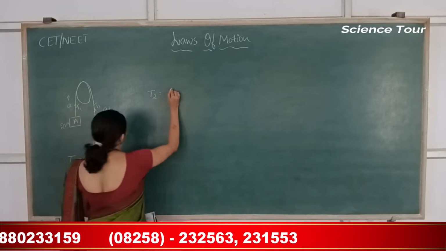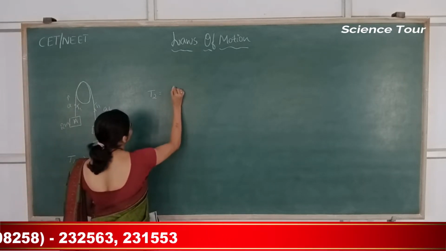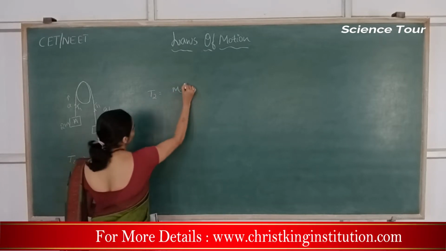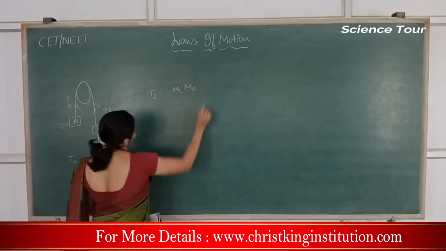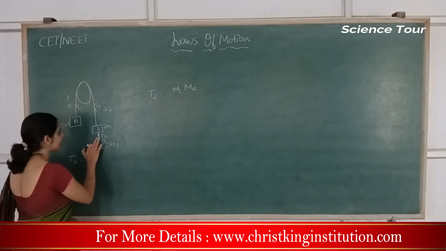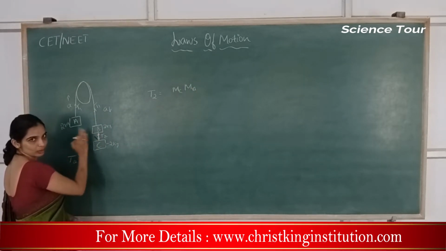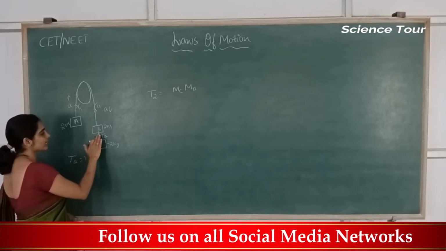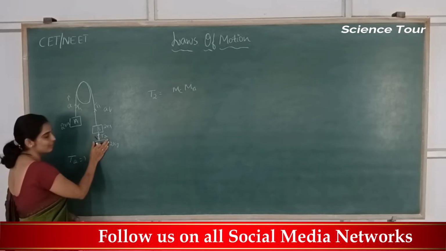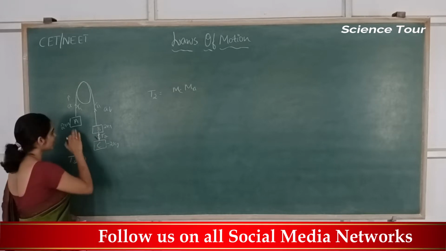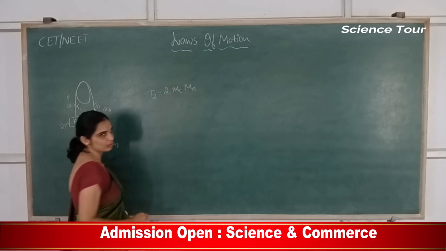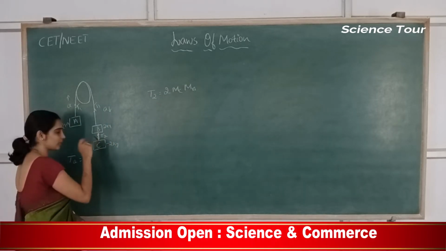So if mass of C is 0, tension is 0. If mass of A is 0, tension is 0. So how many forces are acting on the string? One is the gravitational force due to mass C, another one is due to mass A. So two gravitational forces act on this particular string.